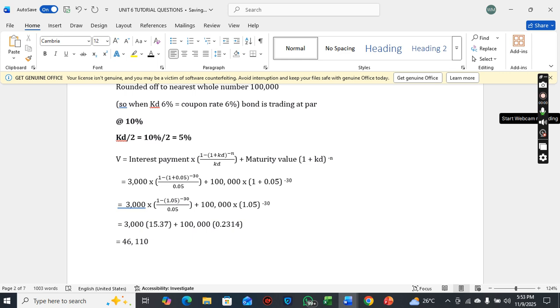Just redo it, 15.37 times 3,000. Oh yes, it's 46,110. And this one inside, 23,140.